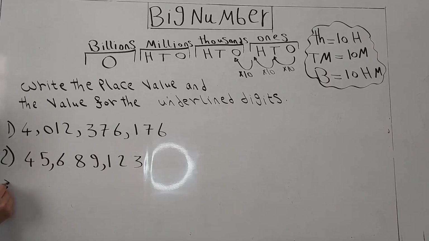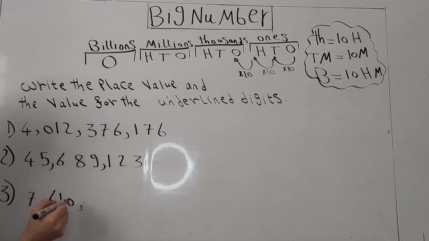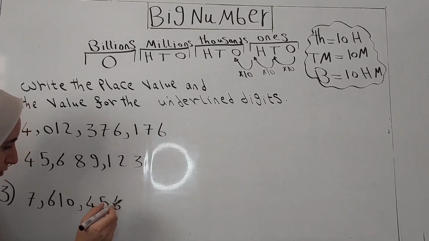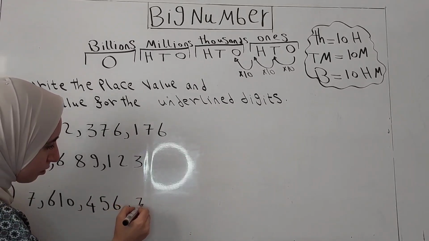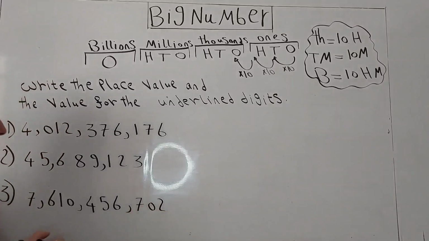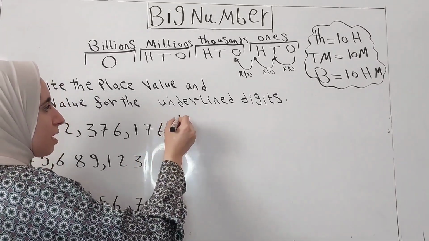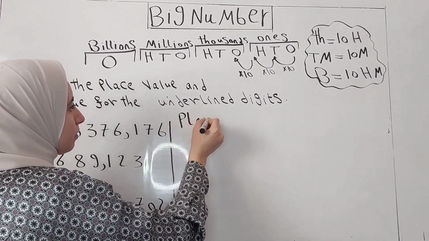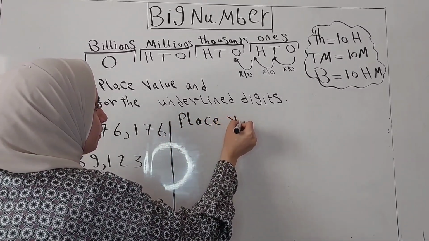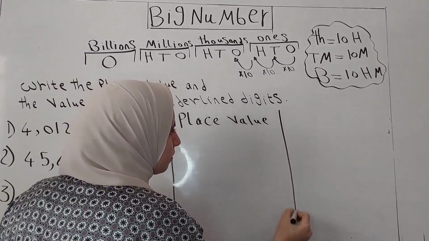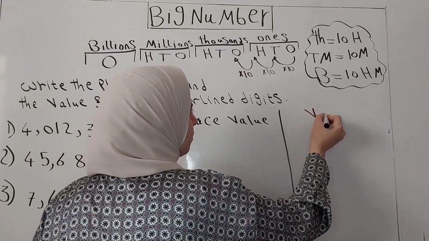The third one, we need to write the place value and value.